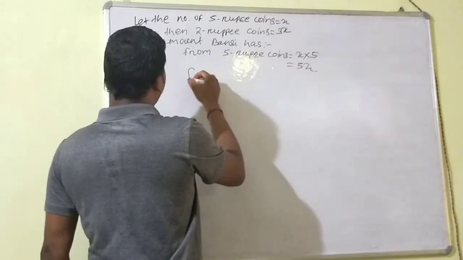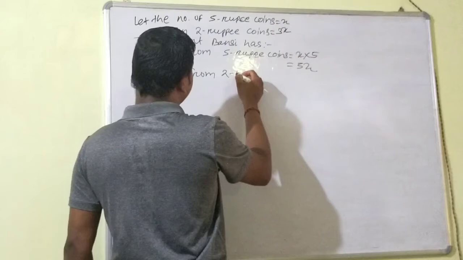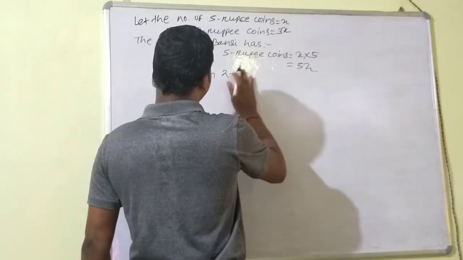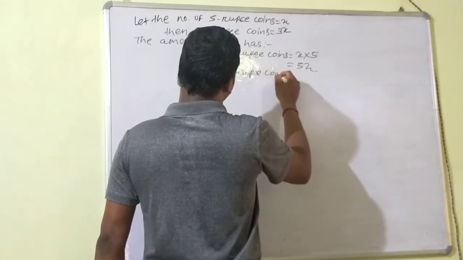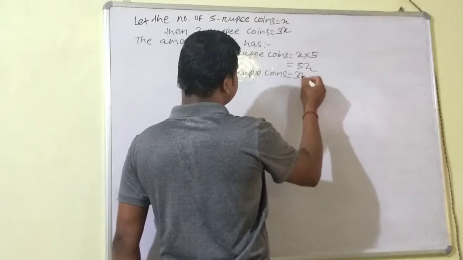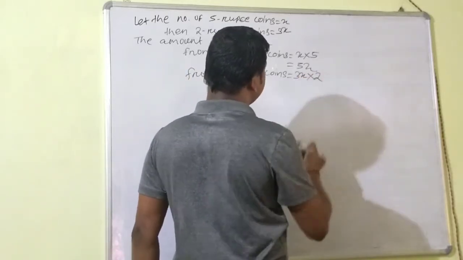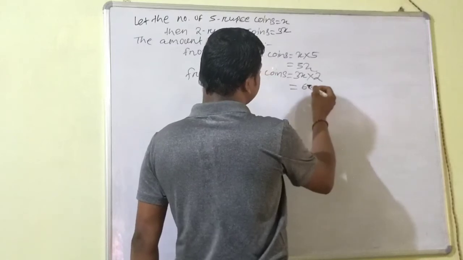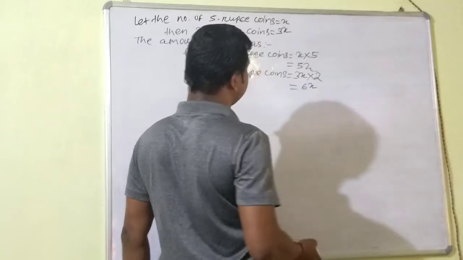Then the amount from 2 rupee coins will be the number of coins, that is 3x, into the 2 rupee, that is 2. So it will be 3 twos are 6, into x, 6x rupees.